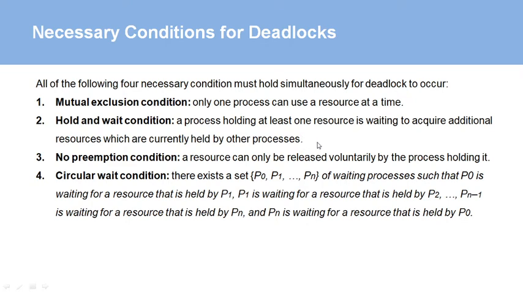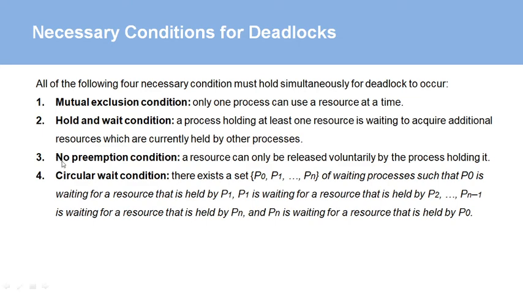Suppose process P1 is holding R1 and requesting R2, and similarly process P2 is holding R2 and requesting R1. This is known as the hold and wait condition.